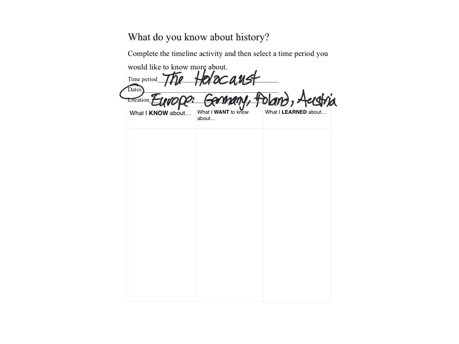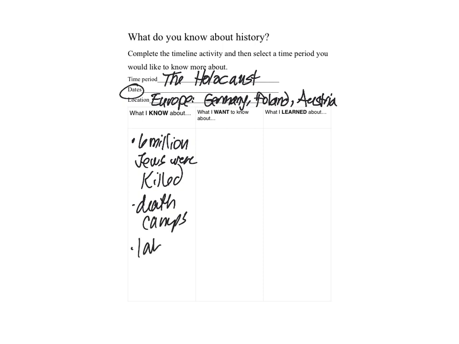So here's where we get started thinking about some brainstorming. So what I know about the Holocaust. So I know that 6 million Jews were killed. There were death camps. There were labor camps.